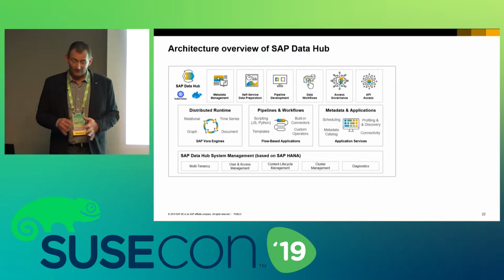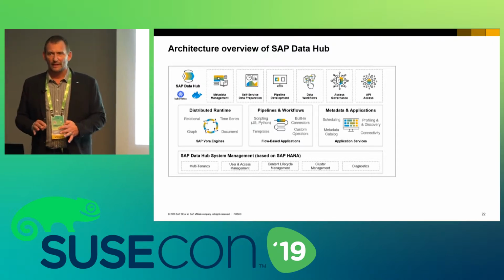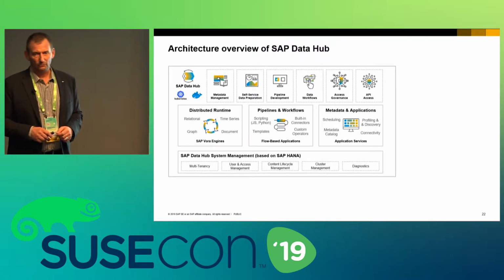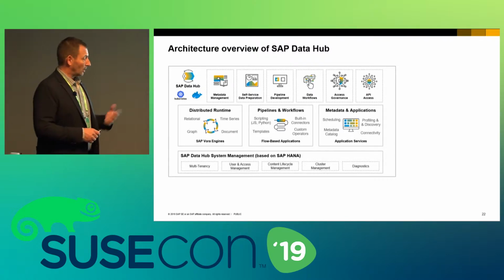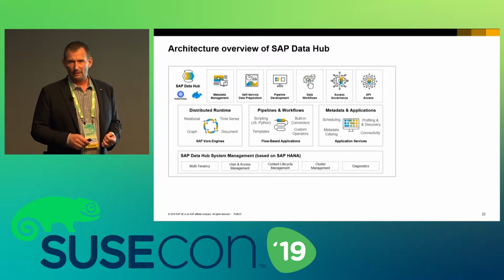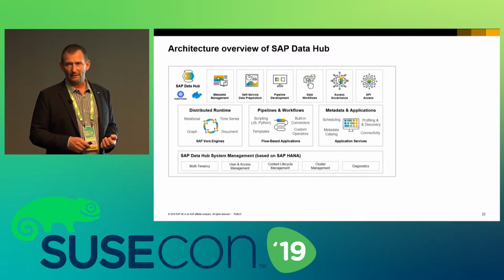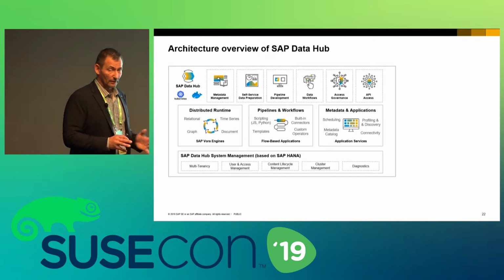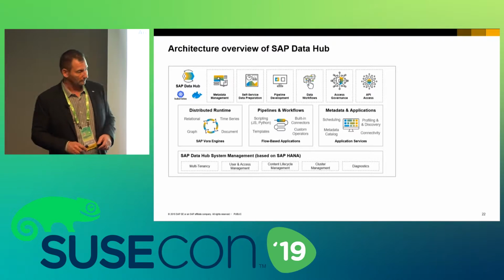Data Hub is different than any application SAP has ever brought to market. Why is that? The architecture alone describes that. Data Hub is only available in Docker images and runs in its own Kubernetes environment, on its own Kubernetes cluster. 100%, all components.